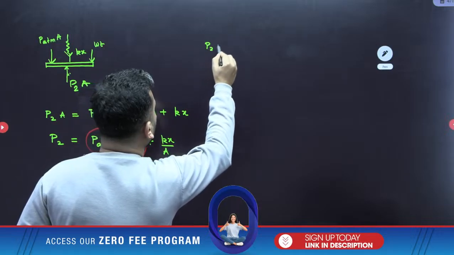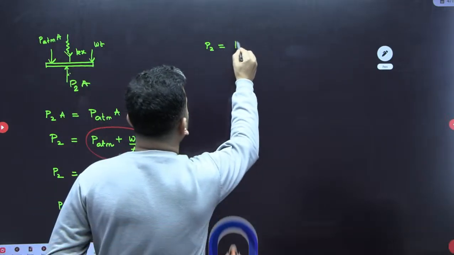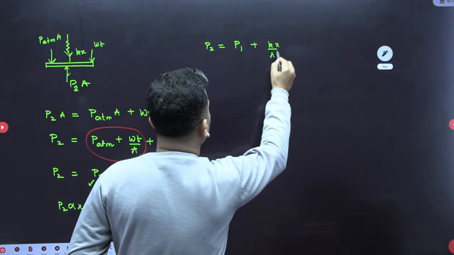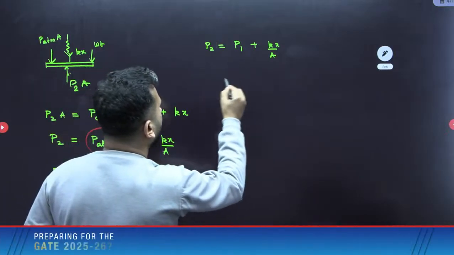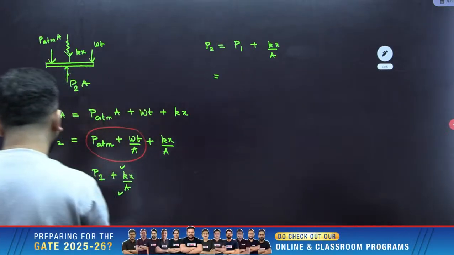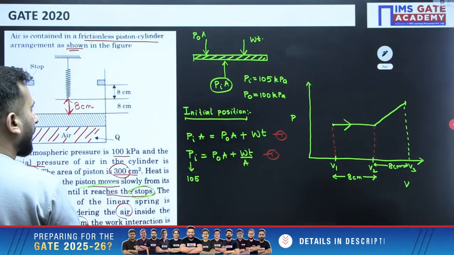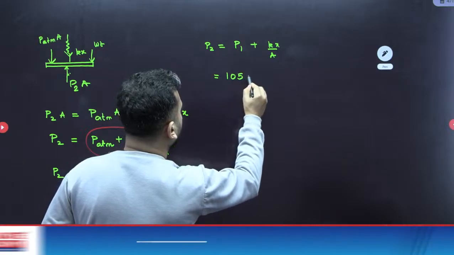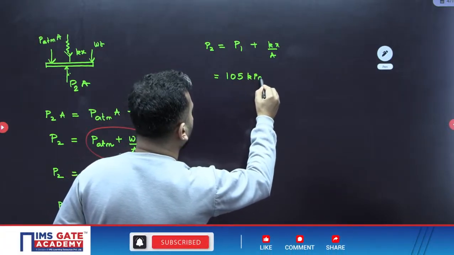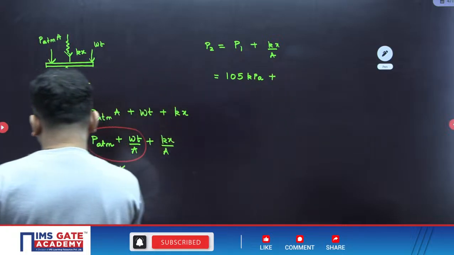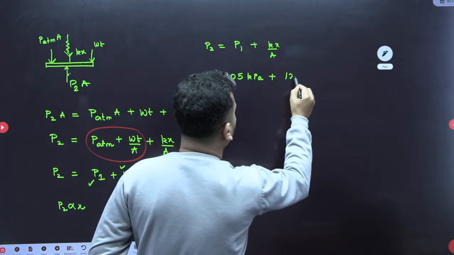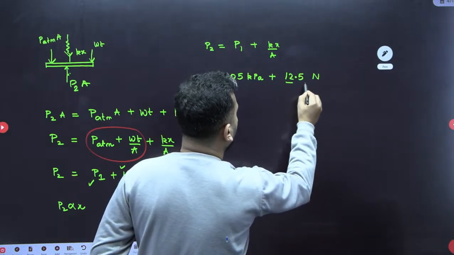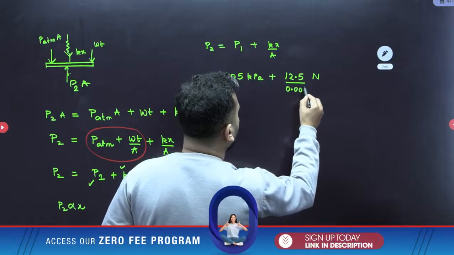So P2 is P1 plus Kx by area. X I will substitute as 8 centimeter. That means everything should be in SI units. P1 is 105 kPa, plus K value is 12.5, but Newton per meter, so meter you should keep. 1 millimeter is 0.001 meter.